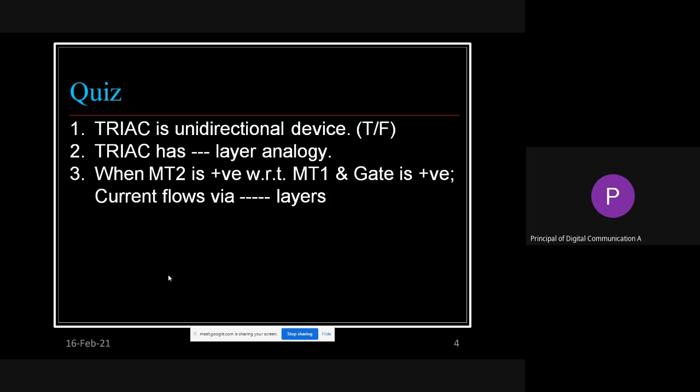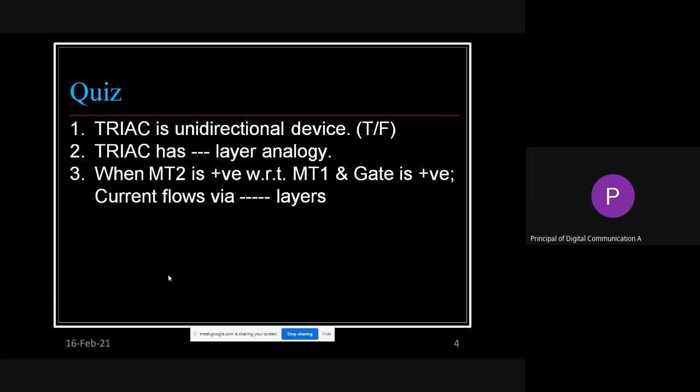Next one: the triac has dash dash layers. Only one student gave the answer, and that is the correct answer: it is a 6 layer analogy or topology, that is, how many layers are used in the structure of a triac.